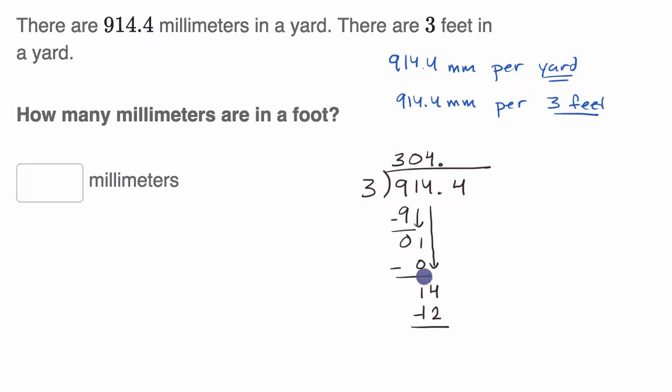You subtract, and then so you get a 2. Bring down this 4, you get a 24. And lucky for us, 3 goes perfectly into 24. 8 times 3 is 24. You subtract, and we have no remainder. So we have 304.8 millimeters for every foot. Let's do one last example.